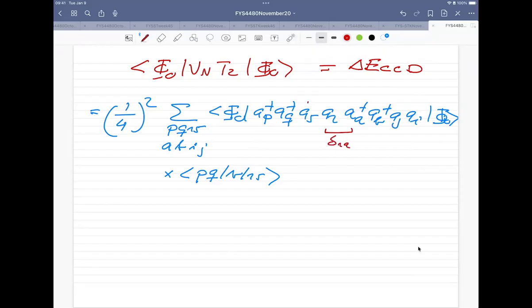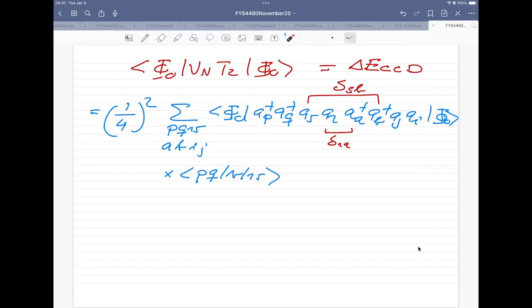I can have my contraction here. This gives my delta SB. And as we have seen before, we can then interchange this with that and this one with that. Okay, so that gives us two terms. And due to the anti-symmetric integrals which we are looking at, we are going to get the same contributions. So we've done this several times.